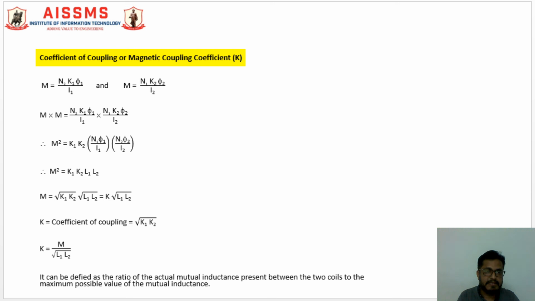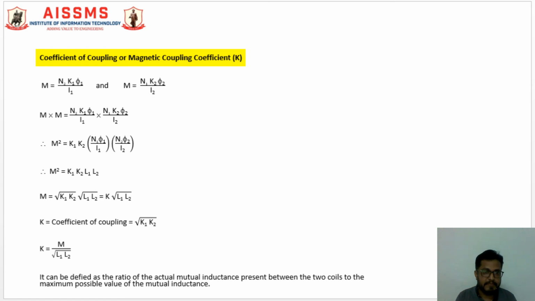But what is N1 phi 1 by I1? It is self inductance of coil A. What is N2 phi 2 by I2? It is self inductance of coil B, and therefore M square, or square of mutual inductance, is equal to K1 K2 L1 L2.